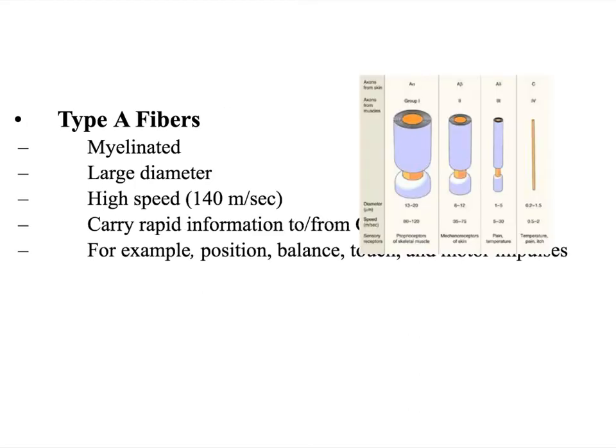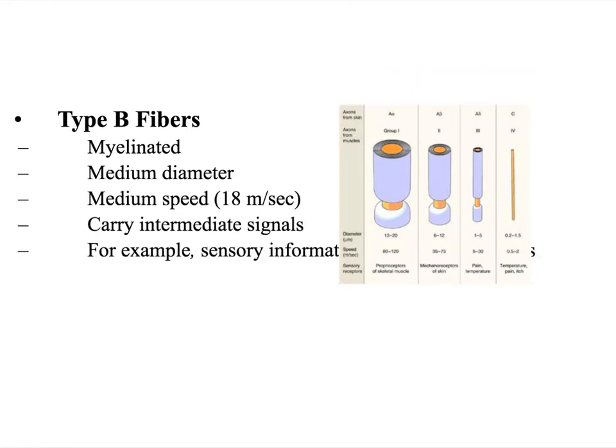These fastest neurons are going to be carrying information very quickly to keep you upright. It's going to help you maintain posture and balance, and also help you respond reflexively very quickly. Your medium range neurons are going to be myelinated, but their diameter is not quite as large.